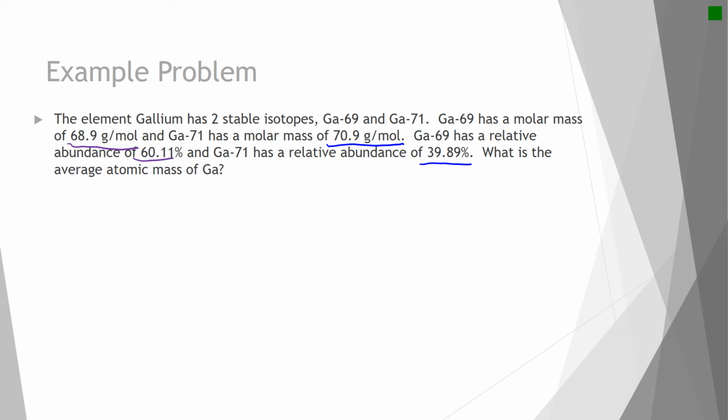So what we're going to do is we're going to take the percentages, and I underline the ones that go together. You want to make sure on these problems that you match up the correct mass with its correct percentage. So we're going to take 68.9 mass times its percent, which is 60.11, plus the mass of the other isotope times its percent.